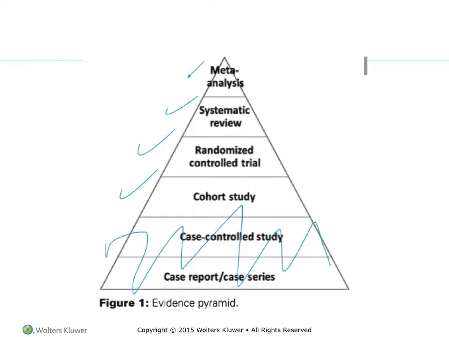And the same thing with a case-controlled study. It's really just more controlled. It's like knowing that you're going to study this case, so you control for it. You're probably not going to find those kinds of reports in your study. But a cohort study is probably something like what I'm going to do when I do my study.